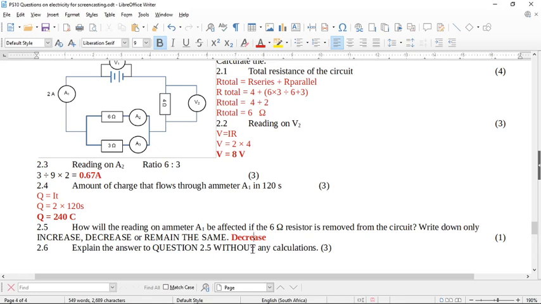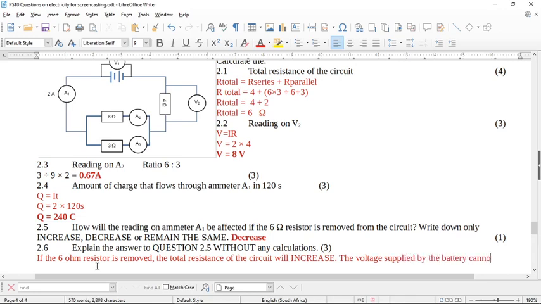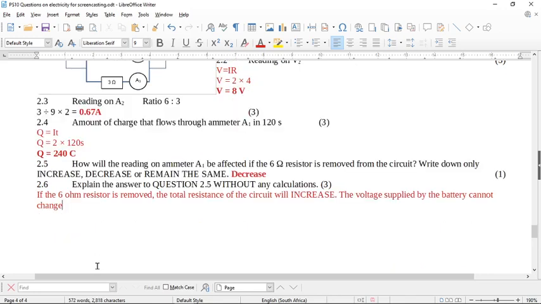Now it says explain the answer to question 2.5 without any calculations. So what you have to say is the whole long explanation for why we got decrease. If the 6 ohm resistor is removed, the total resistance of the circuit will increase. The voltage supplied by the battery cannot change, because if the voltage could change, we might have a problem.